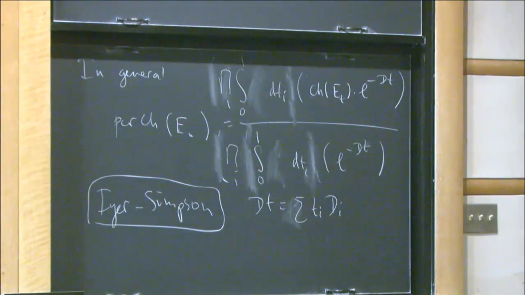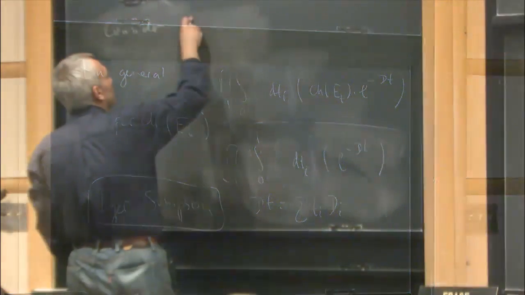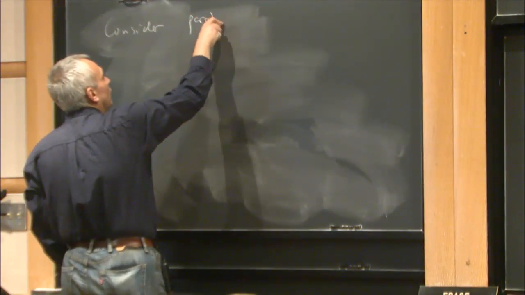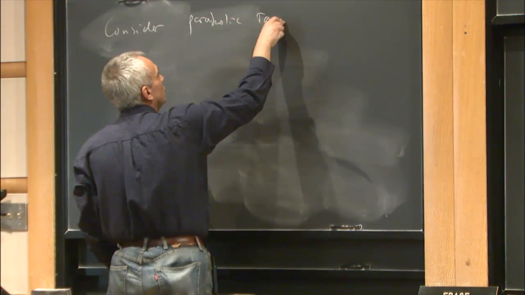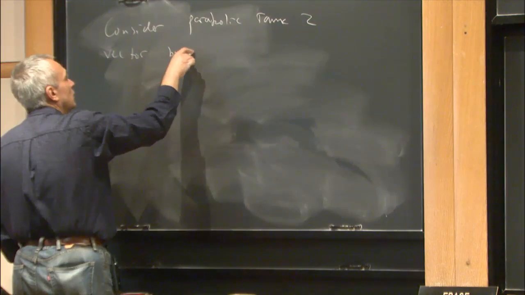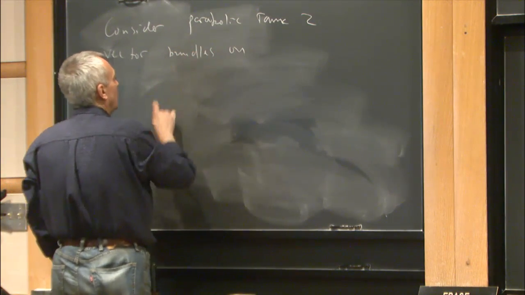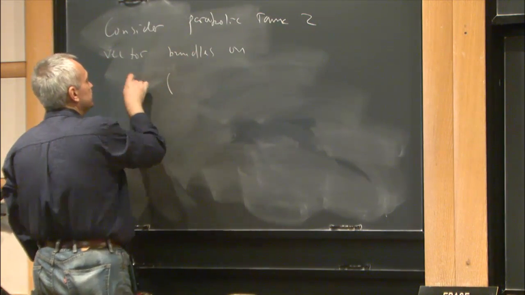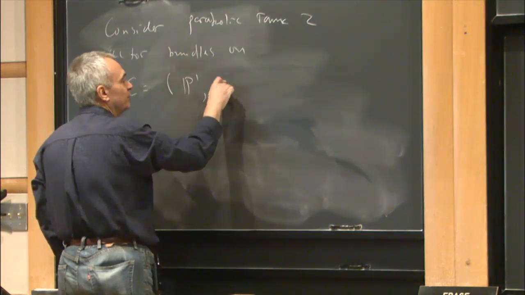Okay, so let's now get to the example. So now consider parabolic rank 2 vector bundles on C, which is P1 with 5 points.